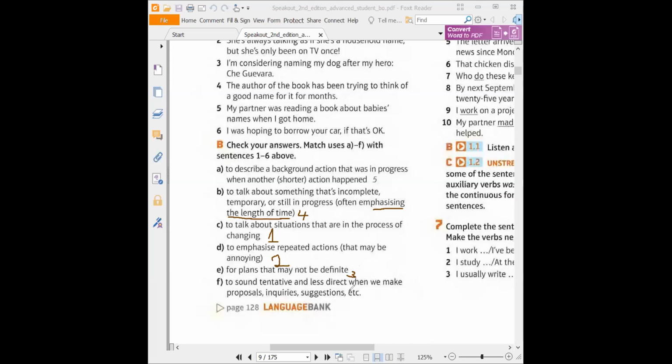Like I'm considering naming my dog, just uncertain plans. Okay. Tentative and less direct when we make proposals, inquiries, suggestions, etc. This is here with 6. So here are the answers.